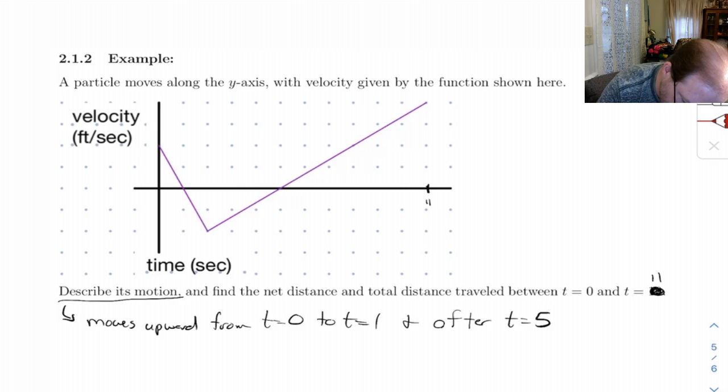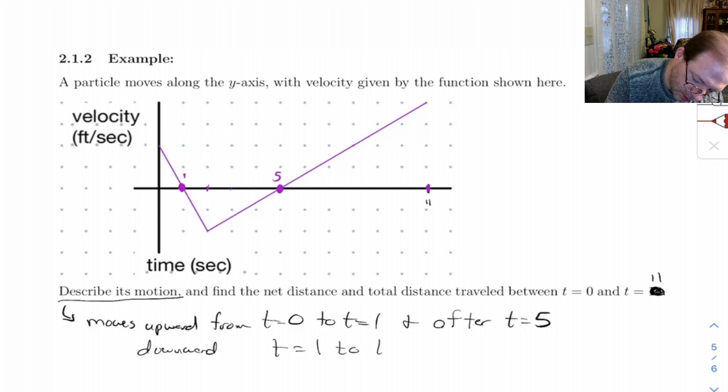I think that's right. This is at 1, then let's see, 2, 3, 4, yeah, 5. And 11 is right here. So it moves upward from t equals 0 to t equal 1, and it moves downward from t equal 1 to t equal 5.